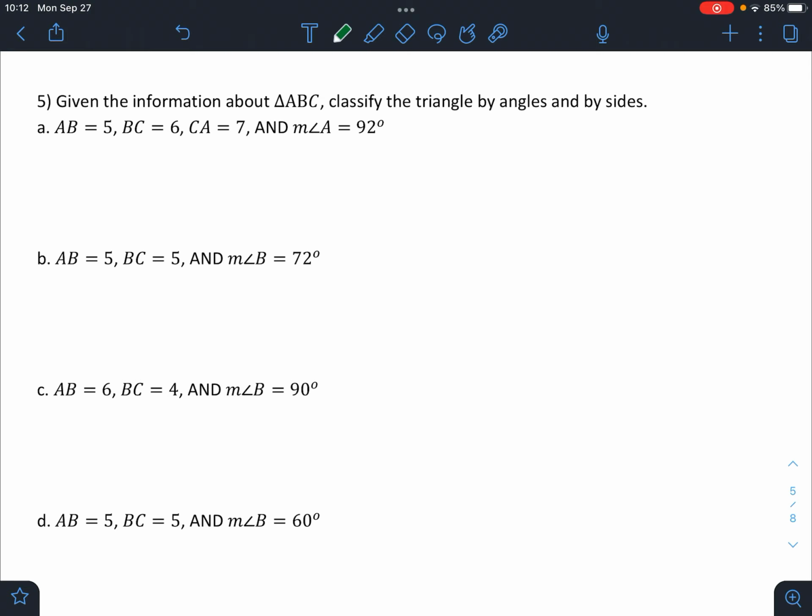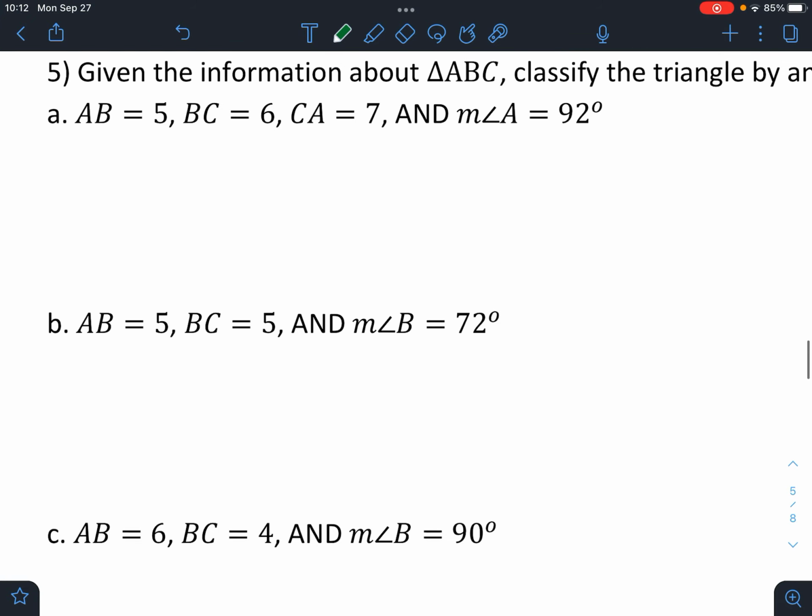All right, given information about triangle ABC, classify the triangle by angles and by sides. So for the first one, we have 5, 6, and 7 on the sides. That's scalene. And as long as we have one obtuse angle, this is called an obtuse triangle. So scalene and obtuse, or obtuse scalene.